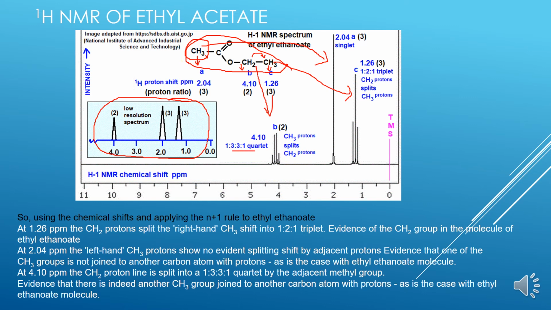The intensity of the methylene protons is 1 to 2 to 1. The intensity of the singlet is taken as 1. So I hope this is clear about the NMR spectrum of ethyl ethanoate, or ethyl acetate.